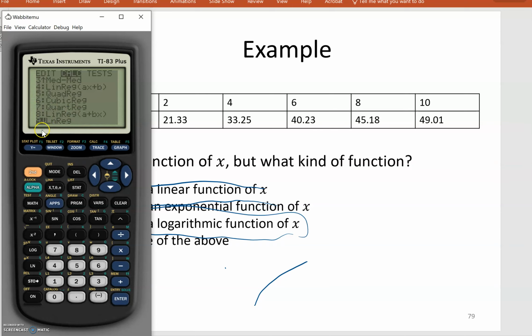We want LnReg, which is number 9, so there's plenty of ways to screw that up, but number 9 is the one we want, and we're going to do L1, L2, Vars, Y-Vars, and you know, we can graph it and see kind of visually what it looks like, and that looks pretty good to me. I mean, I think if I was in a hurry, I would say, all right, I'm confident that that's logarithmic, but if you want to be even more confident, we can look at the SSE.